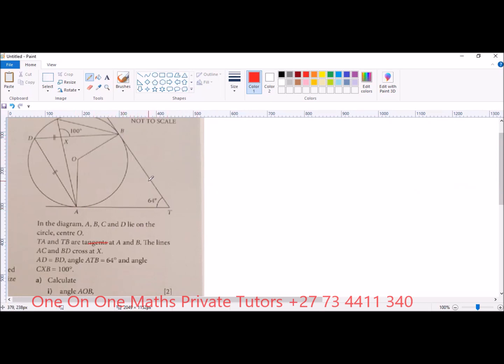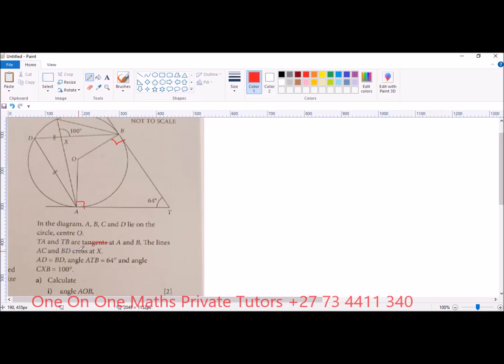What does that mean? What comes to mind? Already, we should know that a radius and a tangent meet at 90 degrees. So already in my mind, I'm starting to form some sizes of angles.